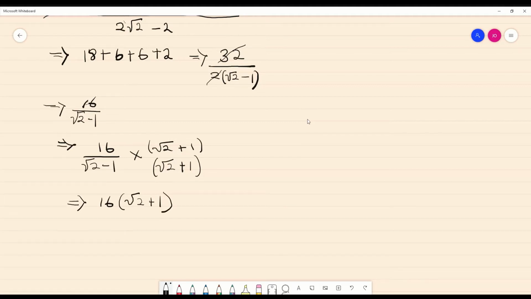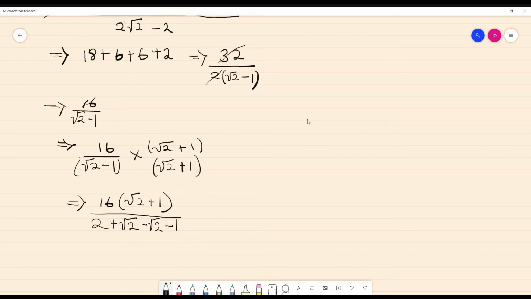And here, when we expand these values here, we say root 2 times root 2 would give us 2. Root 2 times 1 would give us root 2. And negative 1 times root 2 gives us negative root 2. And negative 1 times 1 gives us negative 1.